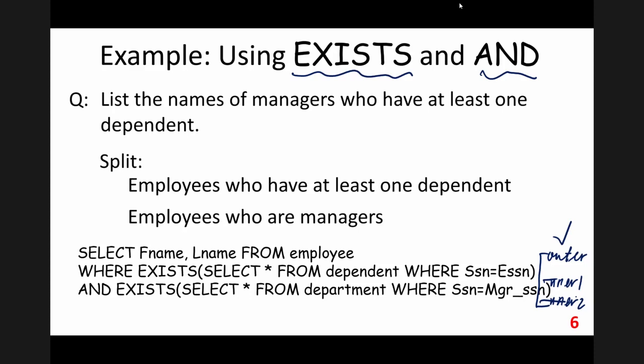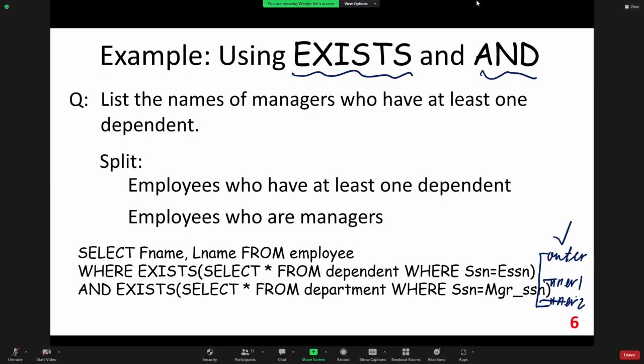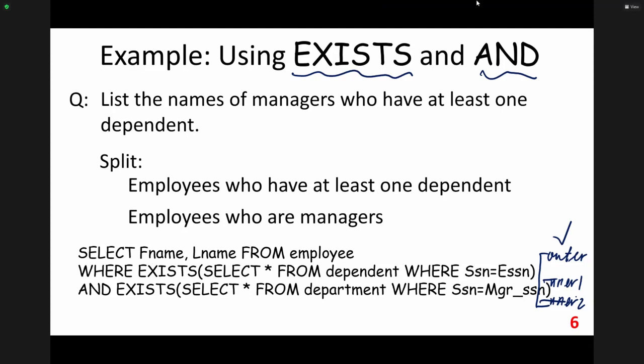So for the current employee, it has at least one dependent. How about that? Yeah, exists. And the second requirement. Select star from department where SSN equals MGR underscore SSN. Second inner query. See? Both conditions, both requirements must be satisfied. Parallel, this way. Okay?